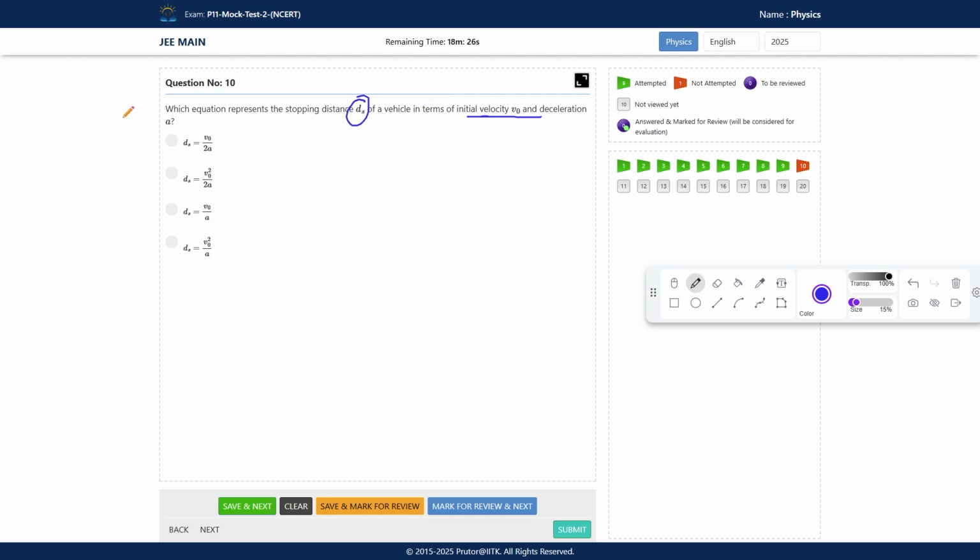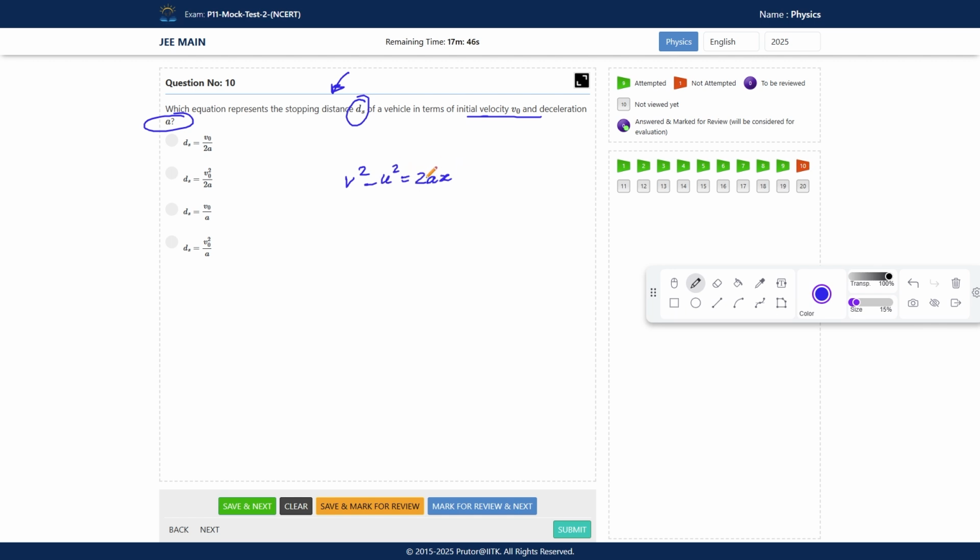Which equation represents the stopping distance ds of a vehicle in terms of initial velocity v naught and deceleration a? So in this question you have to find out the formula of stopping distance. Which one is correct? So we know the equation of motion, v square minus u square equal to 2ax.